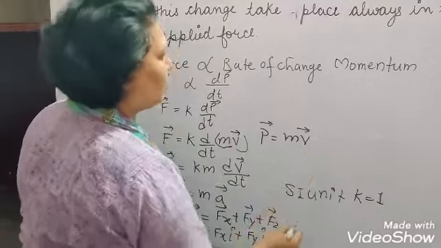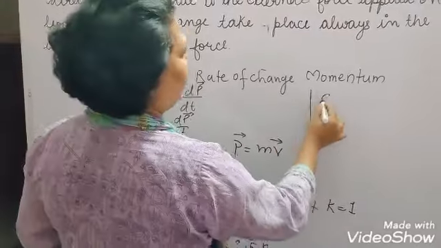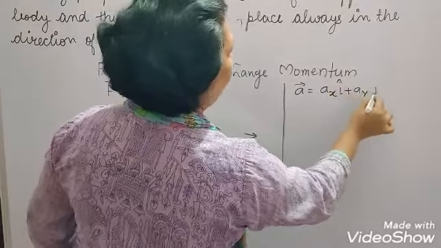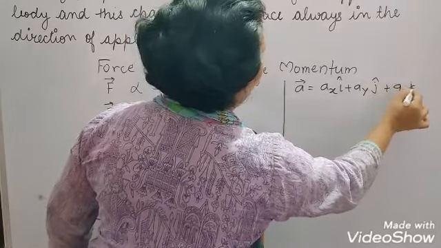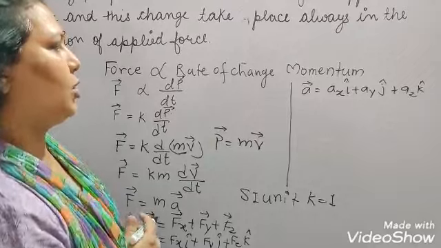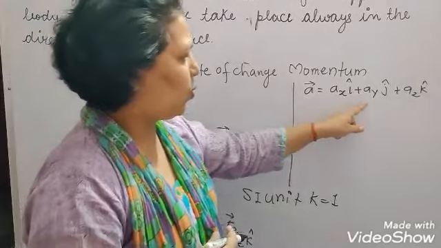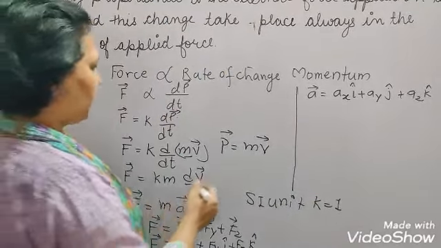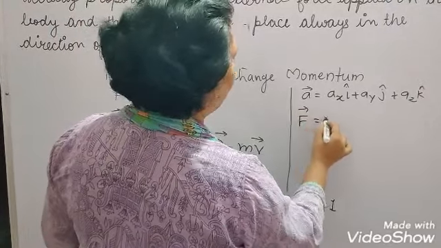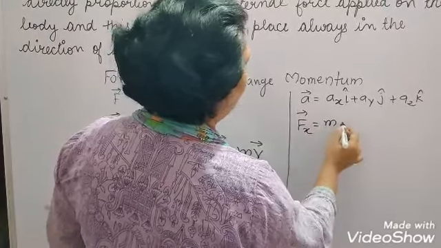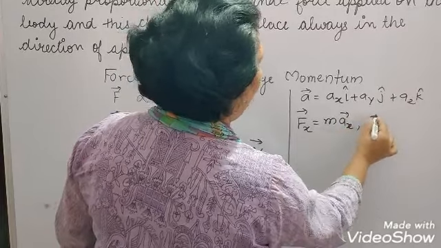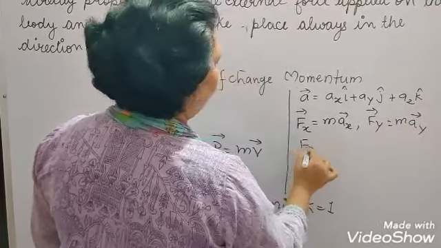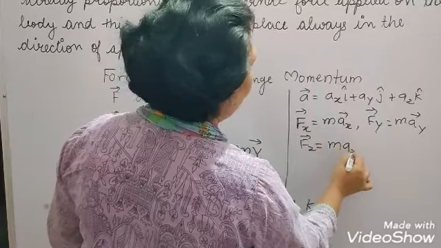Now we can write the acceleration as ax i cap, ay j cap, az k cap. That means the acceleration also we have resolved in x, y and z directions, because we are taking it for 3 dimensions. So Fx is equal to max, Fy is equal to may, and Fz is equal to maz.